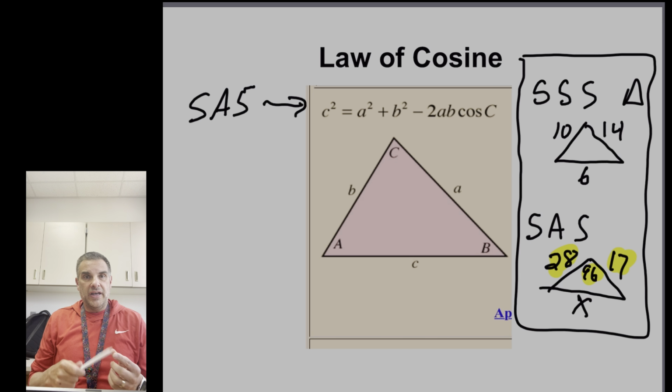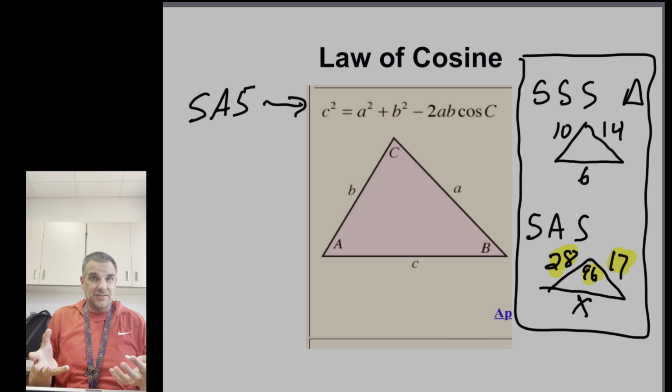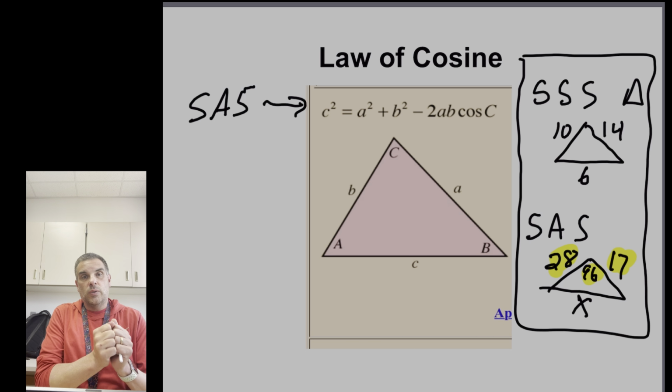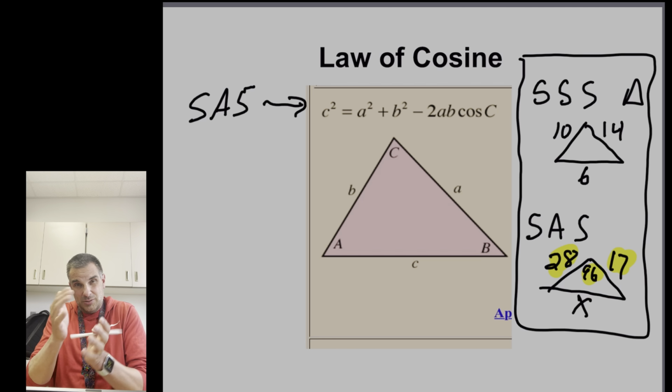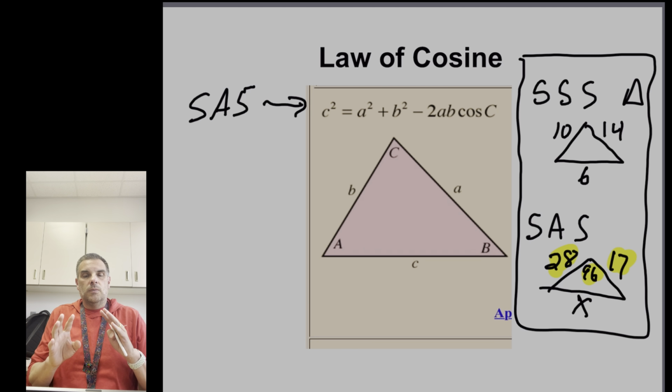You're going to know the values of a and b, and you're going to know the measure of angle C. The a's, b's, and c's are irrelevant in the sense of the imagination. That c value is going to be the side that you're trying to find, and that's going to be equal to the sides that you know squared, minus 2 times those sides times the cosine of the included angle. So don't get too hung up on the a's, the b's, and the c's.